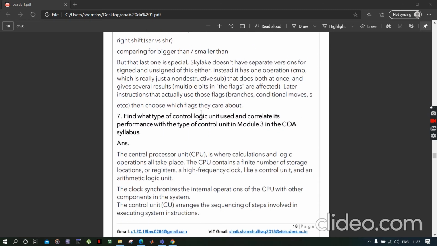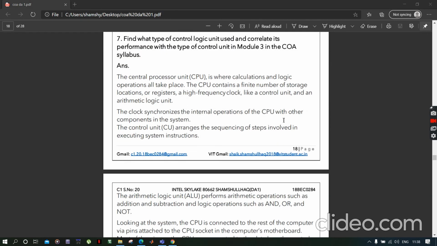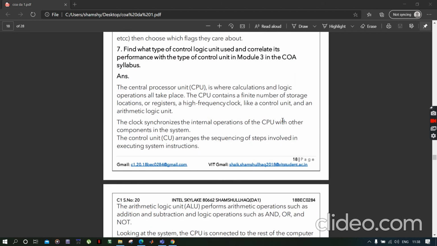Now we are at our seventh question: find the type of control logic unit used and correlate its performance with the type of control unit used in module 3 in the given syllabus. The central processing unit is where the calculations and logic operations all take place.